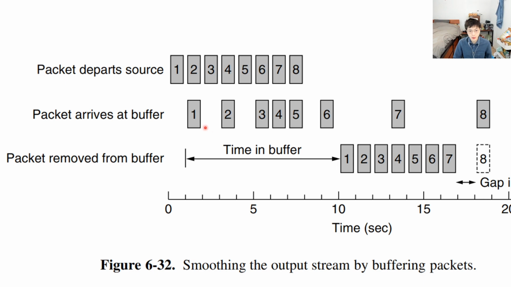But as you see, there is a gap between every frame. So the receiver waits until a certain number of packets are in the buffer in order to start playing, and it removes the lag, or delay, between the packets in order to achieve a smooth stream.